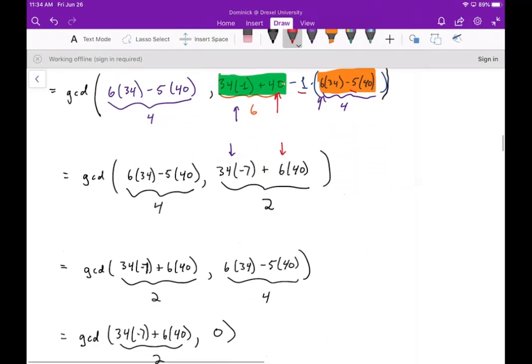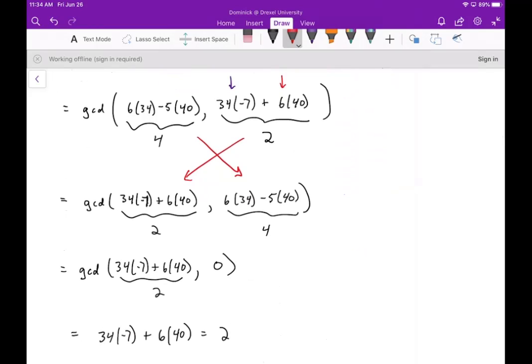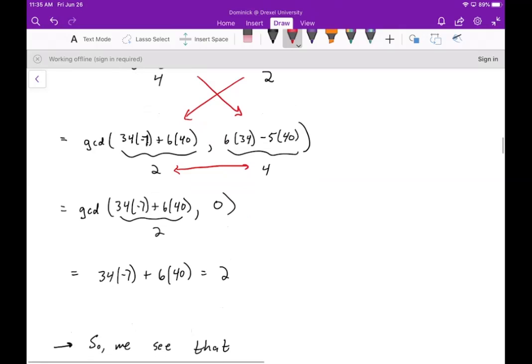Then in the next step, we'll switch 2 and 4, just so that our smaller number is first. And now what can we do? Now we have 2 and 4, and this will become a 0, because the remainder would be 2 times 2 plus 0 is equal to 4.